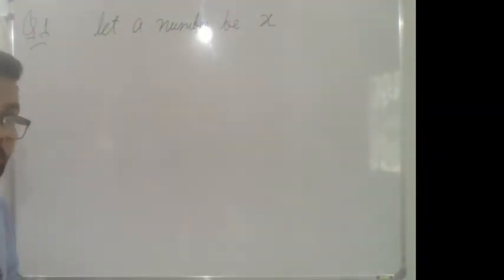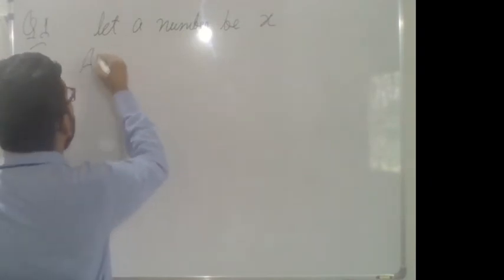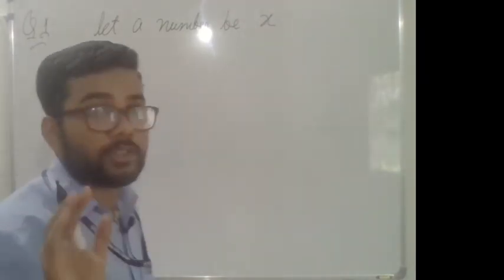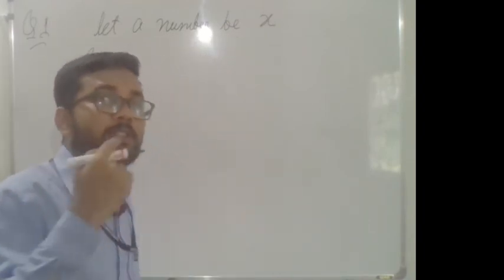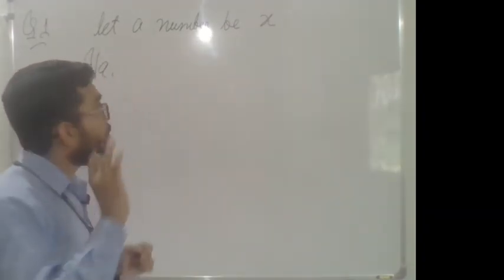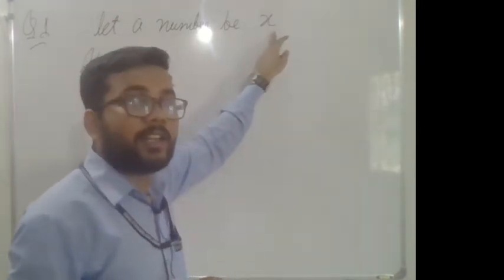Now according to the question, try to understand it. When 1 by 2 is subtracted from a number, I have taken the number as x.